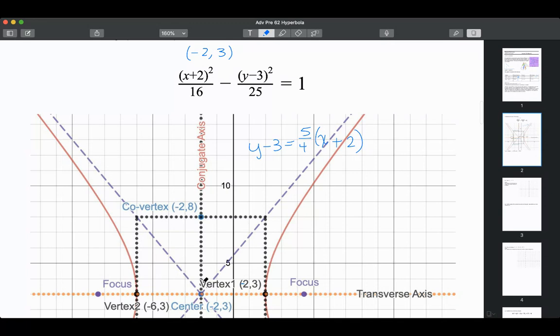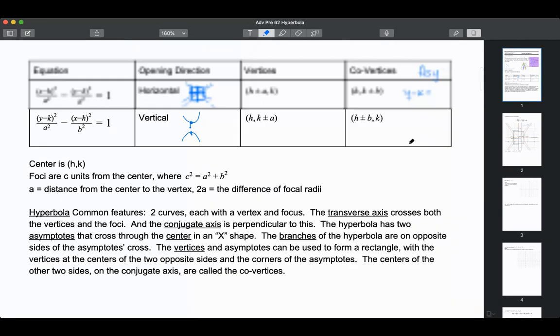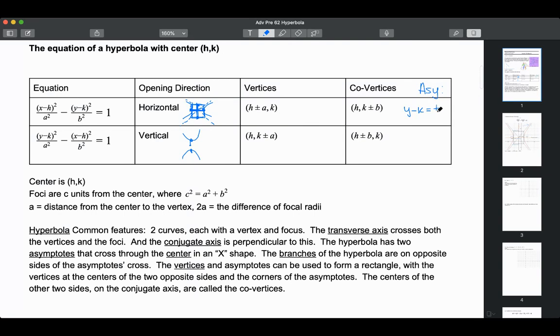The other asymptote has a negative slope. So I've got two asymptotes, so plus or minus b over a times (x minus h). So I would like you to figure out what your asymptote is for the vertically opening one, and then we're going to come back and look at some more examples.